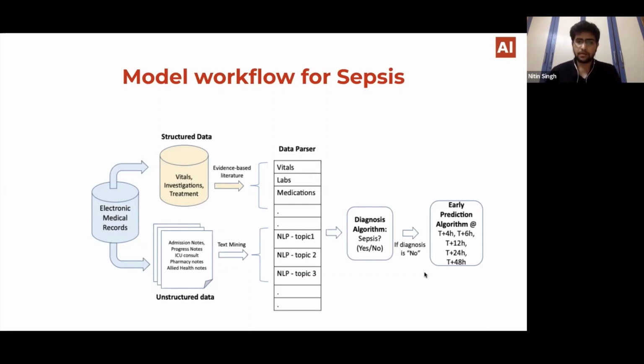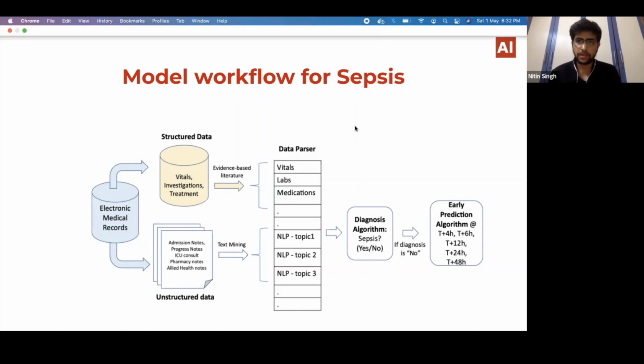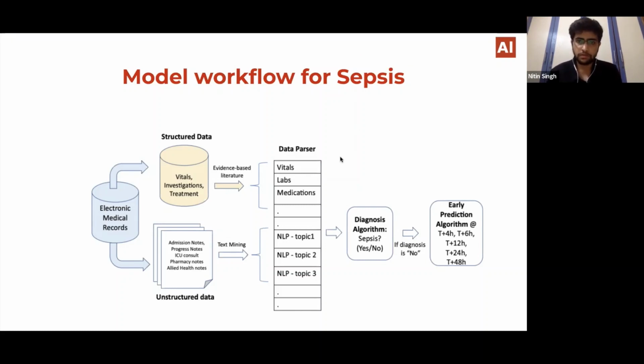More on these lines. Okay. All right. Any questions? We can move ahead maybe.